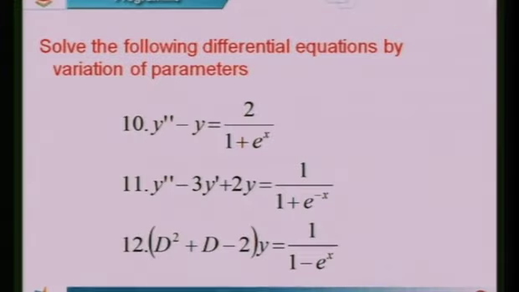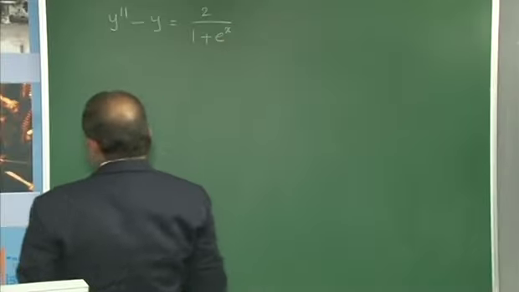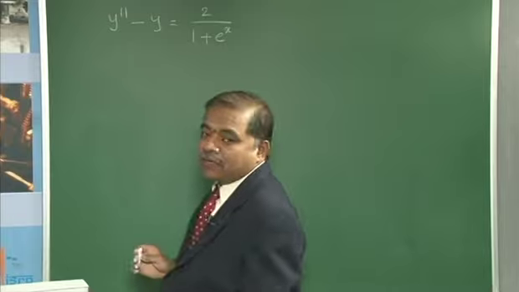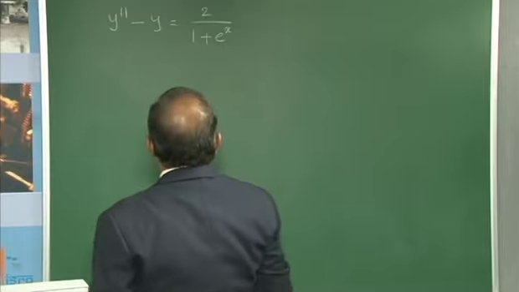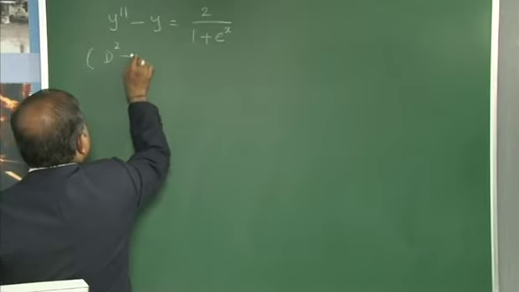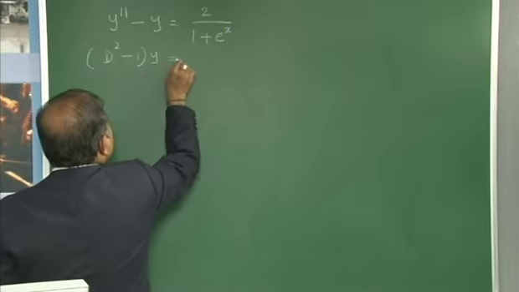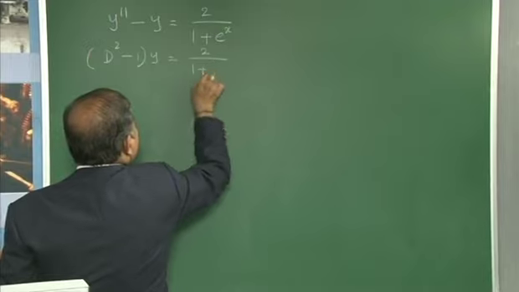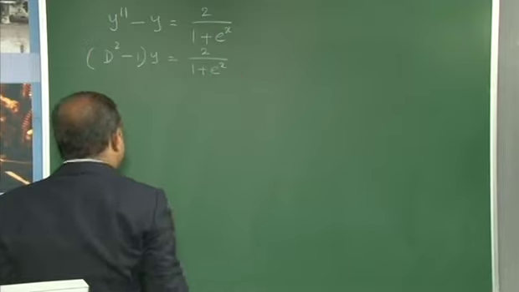What is the question? Y double dash minus y equals 2 by 1 plus e power x. Write the standard form: D square minus 1 into y equals 2 by 1 plus e power x.